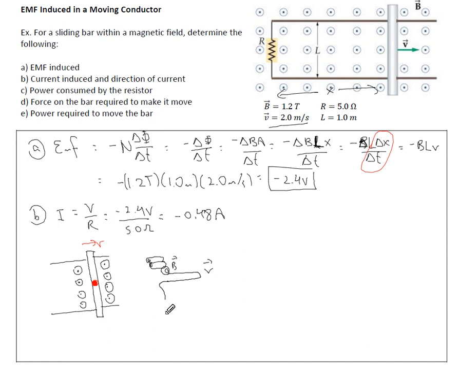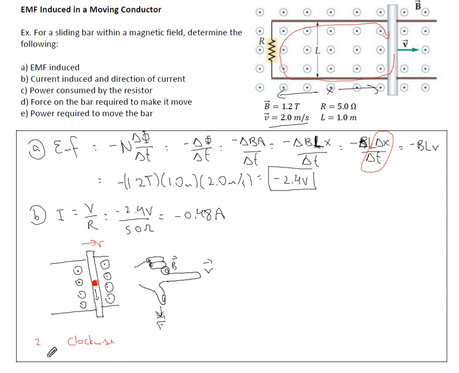Our thumb is pointing down here. That's our force. This is my right hand, remember. So that tells me that the force is going to be down the bar when this bar moves to the right. So this tells me that I am going to have a clockwise current. So my current is clockwise.